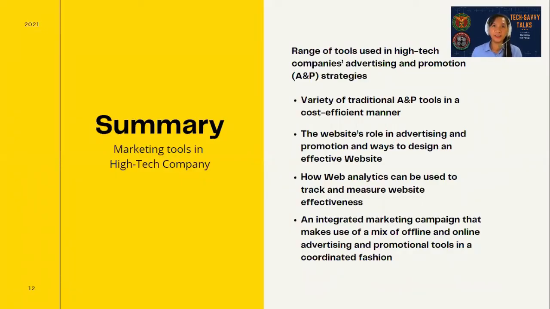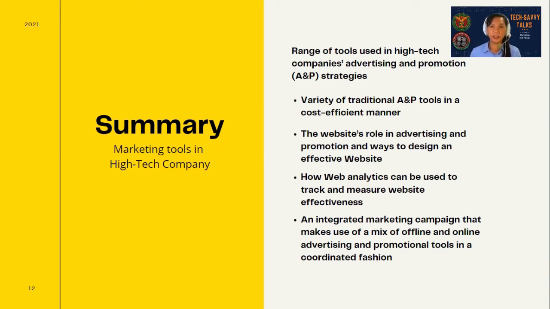So that's it as a summary for the marketing tools in the high-tech market. There are a range of tools used in high-tech companies' advertising and promotion strategies. This includes a variety of traditional A&P tools in a cost-efficient manner. We also learned about the website's role in advertising and promotion and ways to design an effective website.